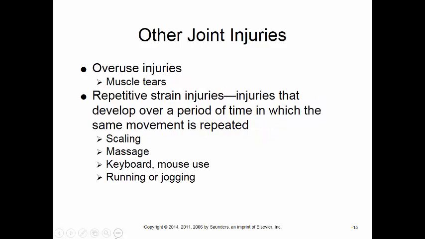Other joint injuries include overuse injuries, where it can lead to muscle tears. Also, repetitive strain injuries, which develop over a period of time where the same movement is repeated over and over.